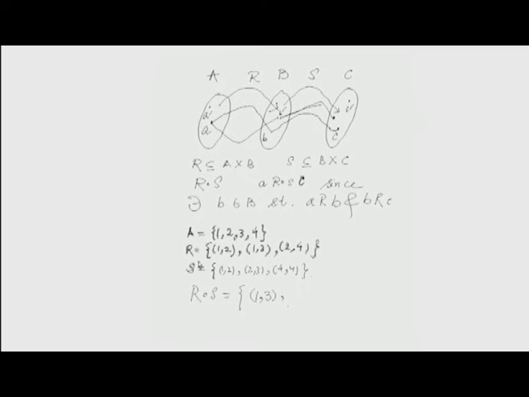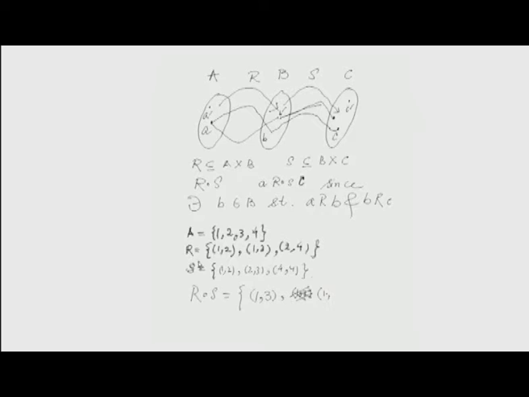No, 1 goes to 2, but 2 is related to only 3 in S. Now, we come to 1 goes to 3. Here 3 is my intermediate element and we see whether 3 is somewhere in S. 3 is nowhere in S, so it does not appear in R composition S.